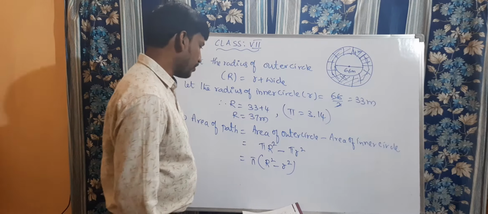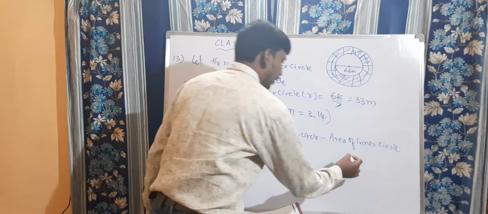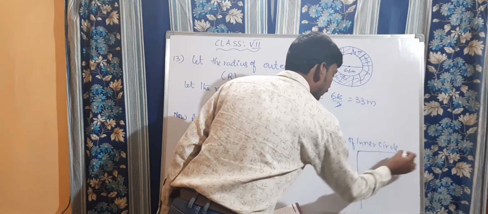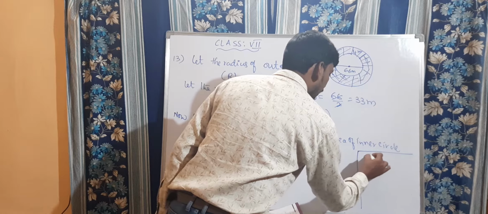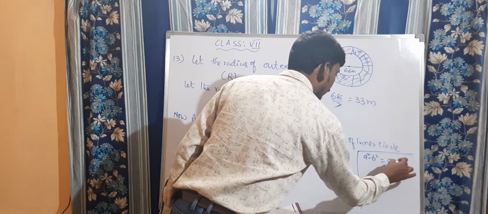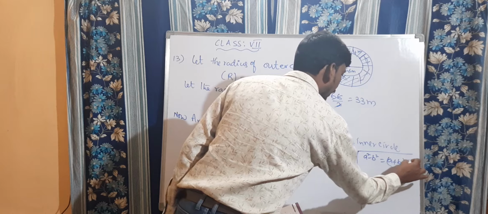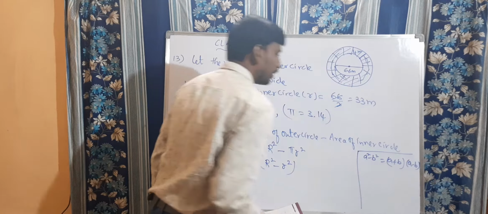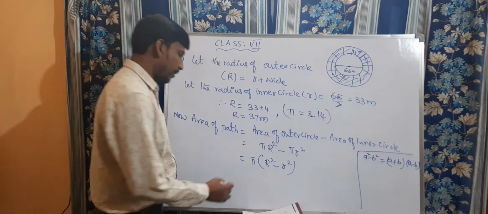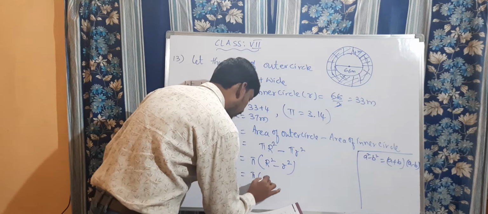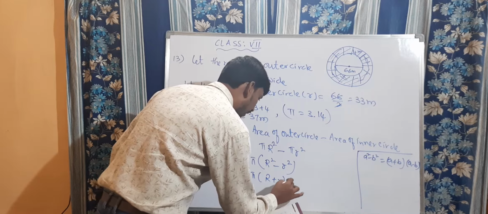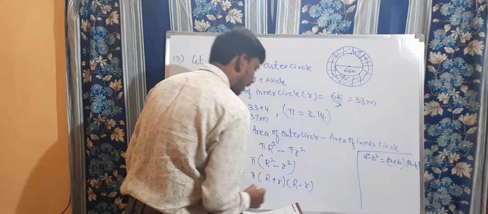Clear, children? Now I am going to write the formula, so you can understand very easily. a square minus b square equals a plus b into a minus b. By applying the formula, we are going to simplify this: pi into capital R plus small r into capital R minus small r.